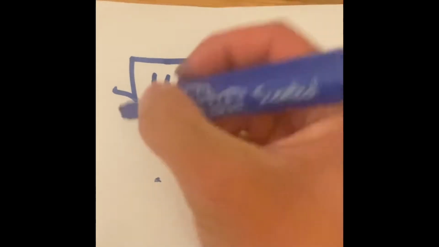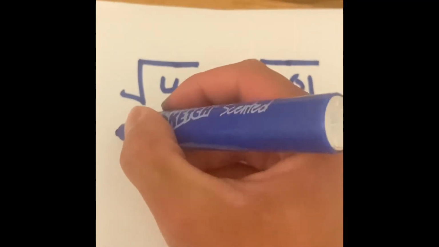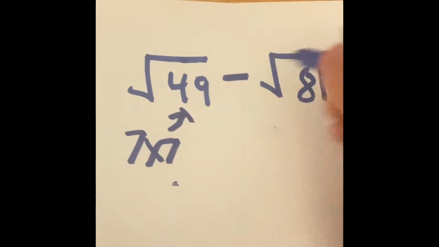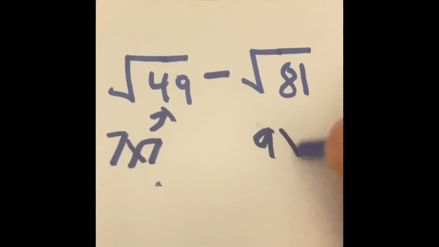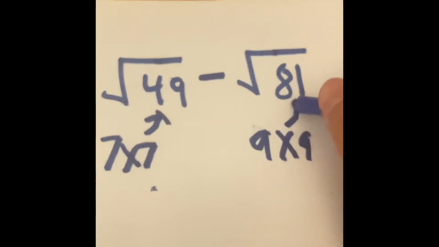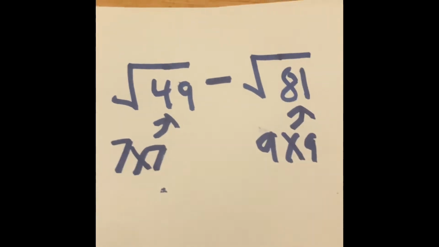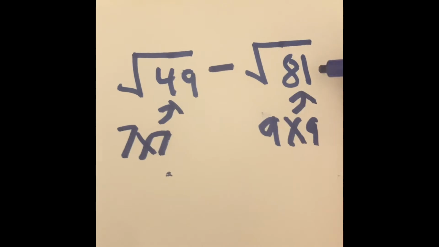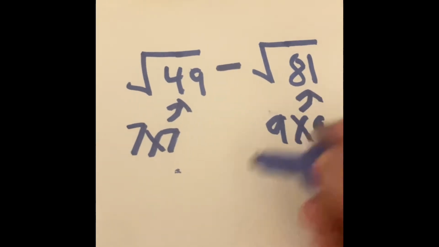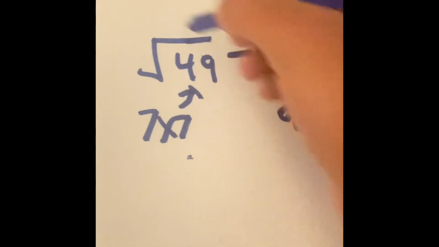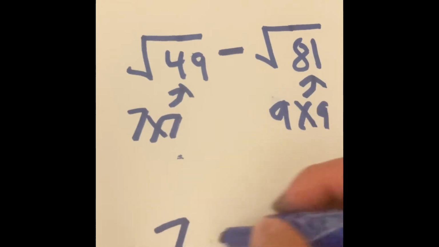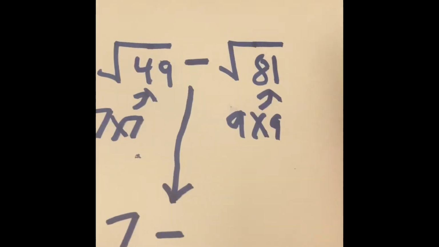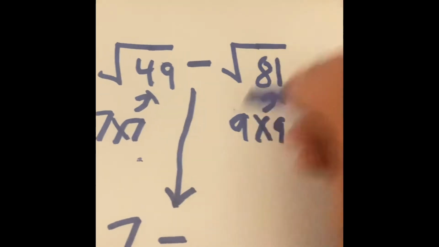Let's see what happens. 7 times 7 will become 49, and 9 times 9 will become 81, which means all we have to do is find the square root of each. So the square root of 49 is 7. Subtract that, because of the operator, by the square root of 81, which is 9.